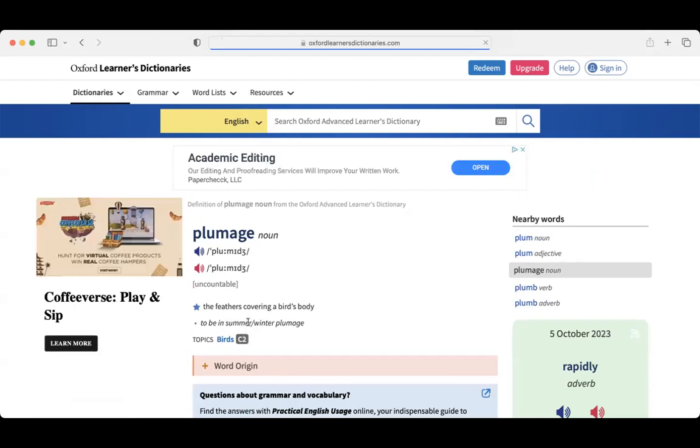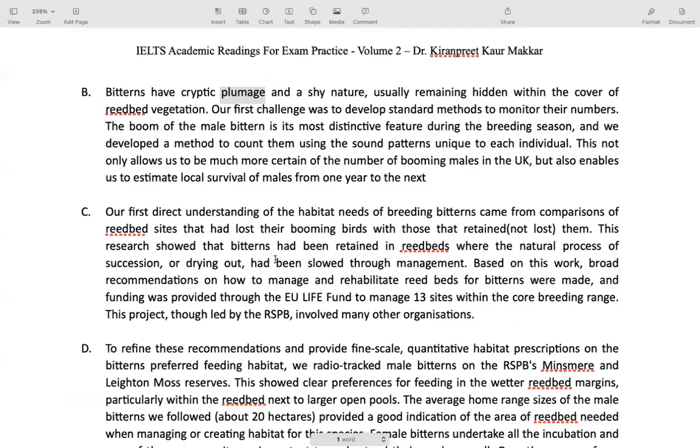Plumage is that. So I don't know the meaning of cryptic. Cryptic means their feathers are very hard to understand. You can count the number of birds using their feathers also, but they have cryptic feathers, so you can't measure them using the plumage.